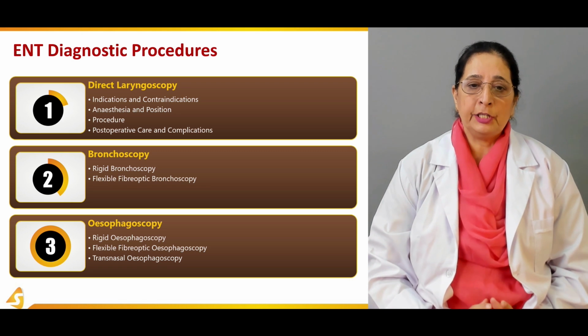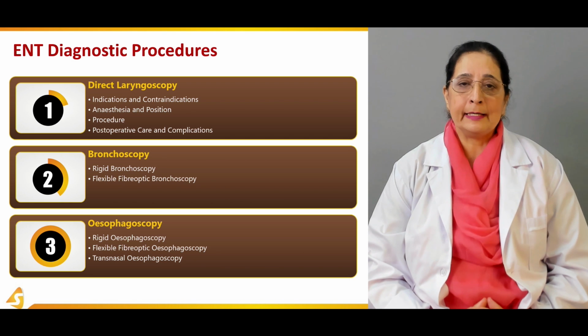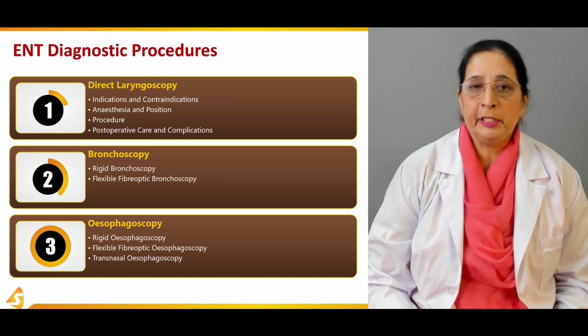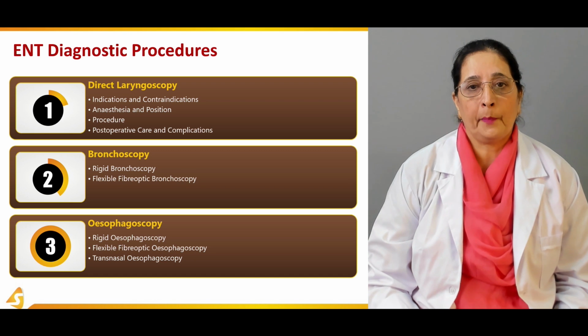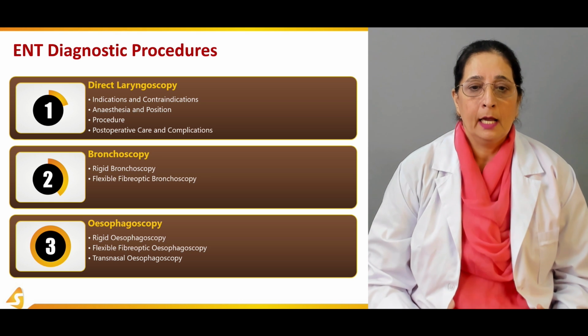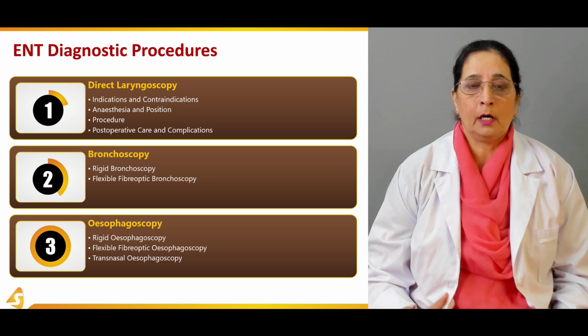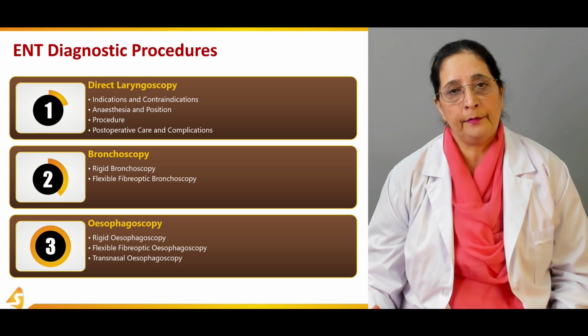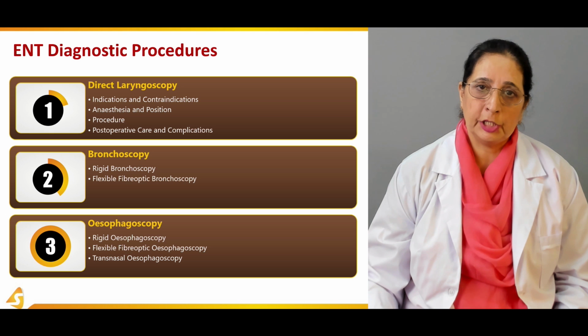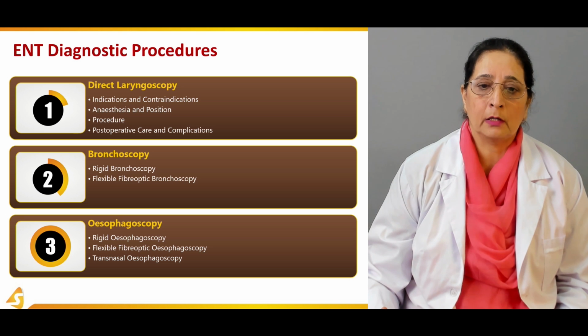So in the first section, we will talk about direct laryngoscopy. Scopy is the examination. So laryngoscopy is the examination of the larynx. We will discuss what are the indications of laryngoscopy and what are the contraindications of direct laryngoscopy.